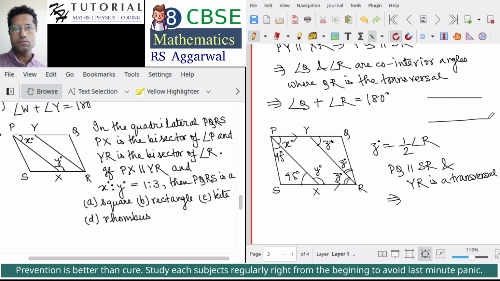PQ is parallel to SR, and we are having PX, and we are having RY.